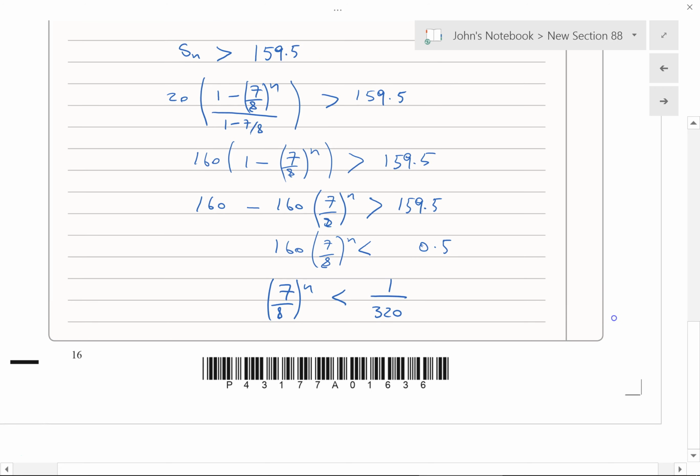Now, we really don't want to be doing trial and error here. We're really expecting the use of logs at this point.